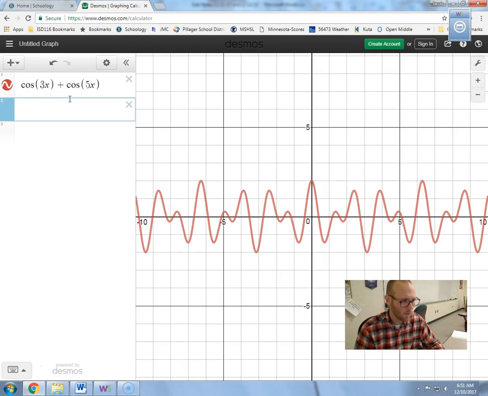Okay. We know the cosine of 3x would be taking our normal cosine graph and doing what? Horizontally compressing it down. The cosine of 5x would be the same thing. We're horizontally compressing it down, but even more so, we're shortening that period. So we end up with graphs of cosines with different periods, and when we add those together, okay, we get this.